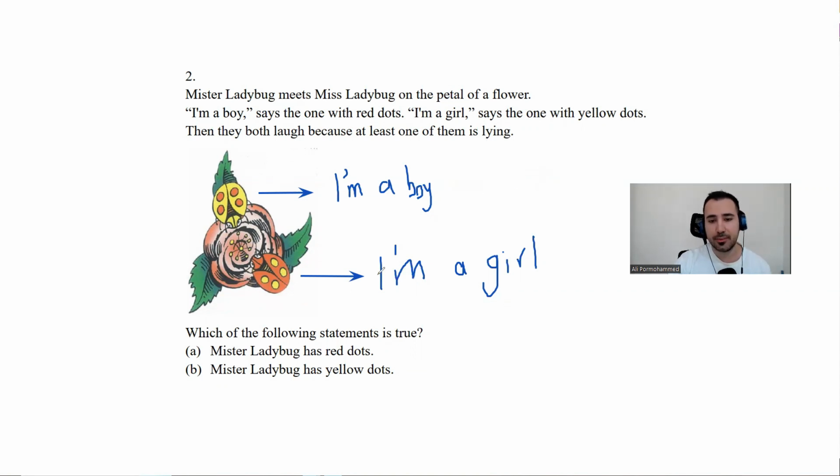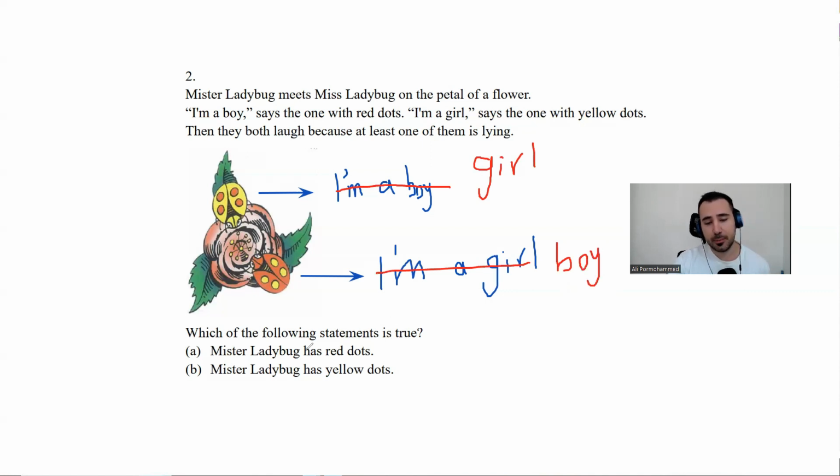The same story. If this one is the liar, so this one would be a boy. The other one says I'm a boy and is telling the truth. So we have two boys, again impossible. So what is the conclusion? That both of them are lying. So this one is telling a lie, so this one is a girl. This one is actually a boy.